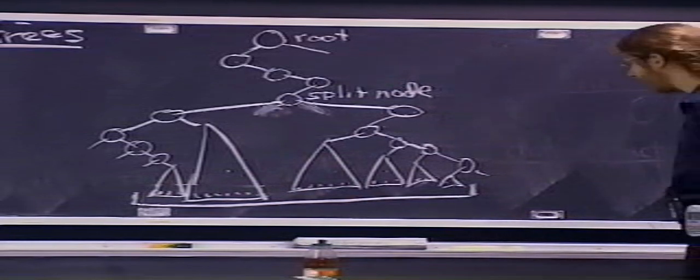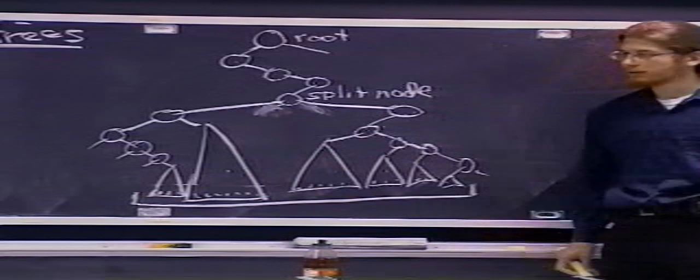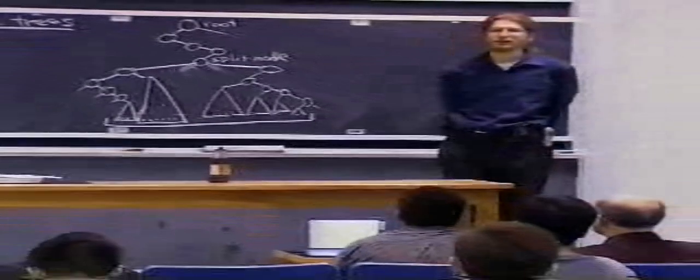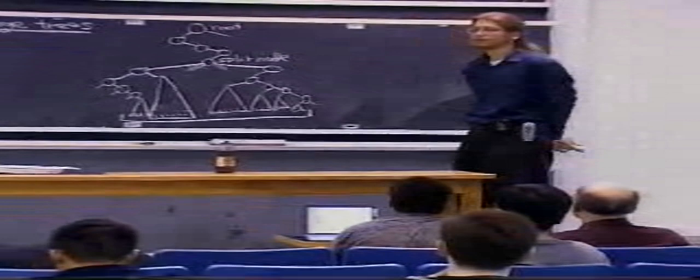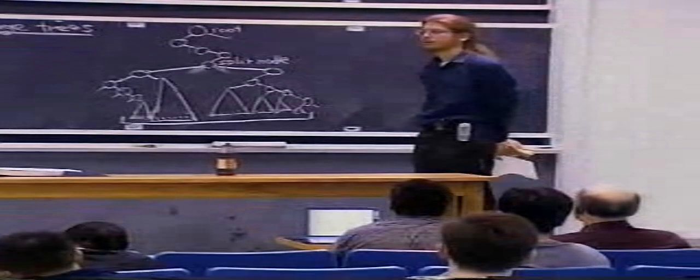I claim that this is going to help us a lot. The worst case is, I guess, that there are k subtrees, one for every element in the answer. But it's not always so bad.